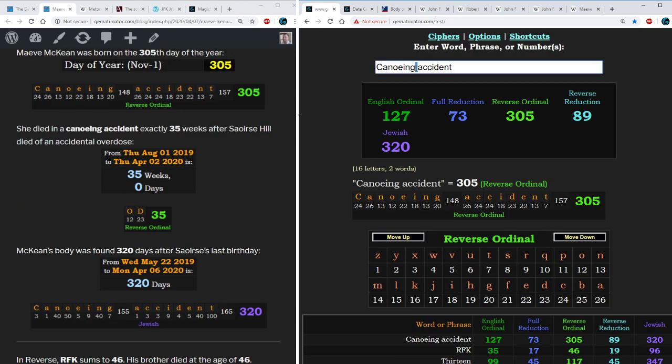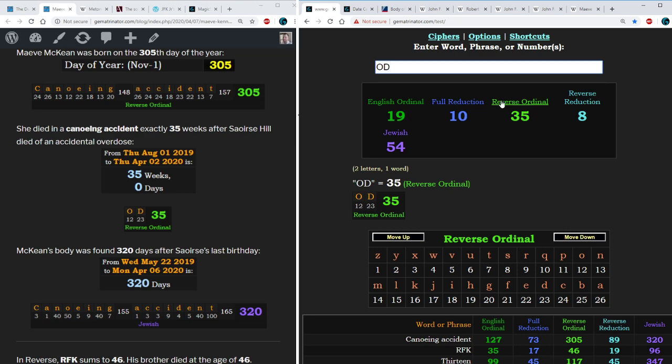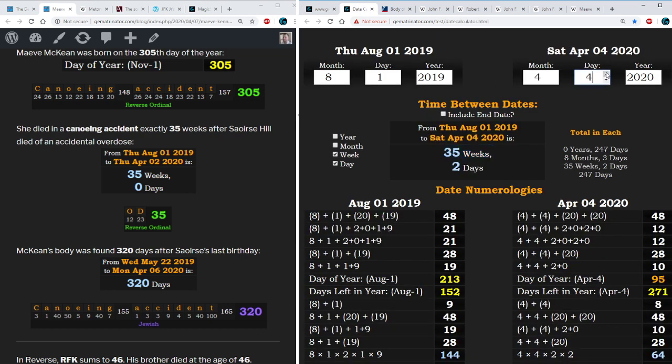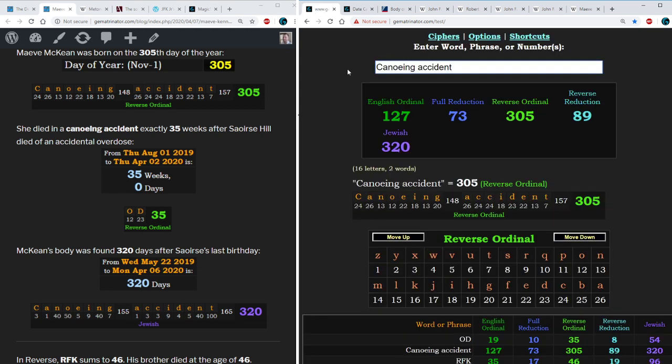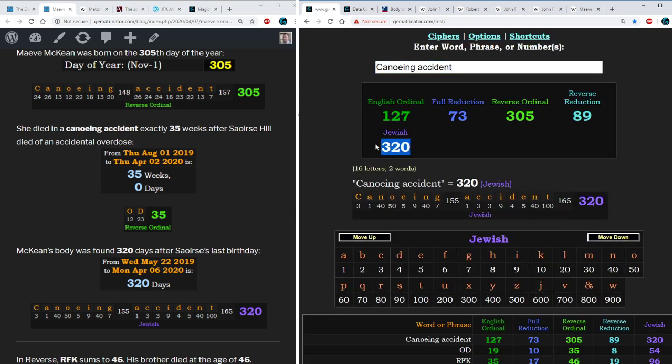And remember how Saoirse Hill died? They told us it was an overdose. OD equals 35. McKean's body was found on April 6th. Notice how this is 320 days after Saoirse Hill's birthday. Canoeing accident equals 320 in Jewish gematria.